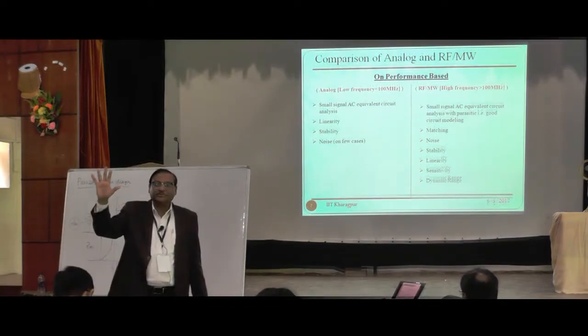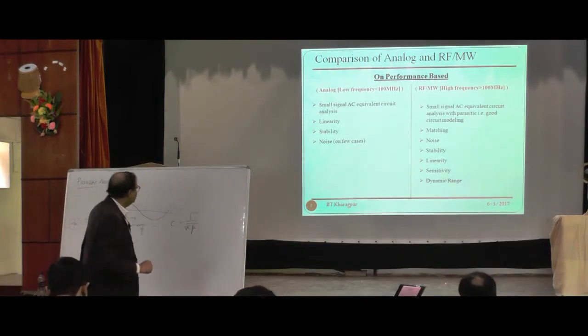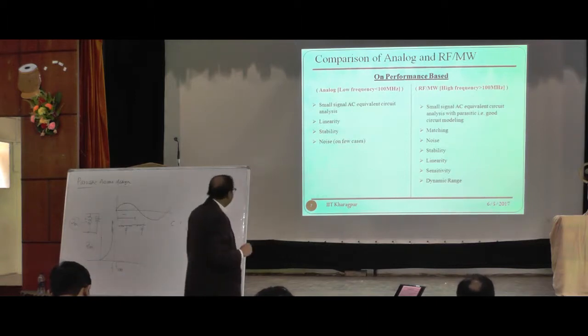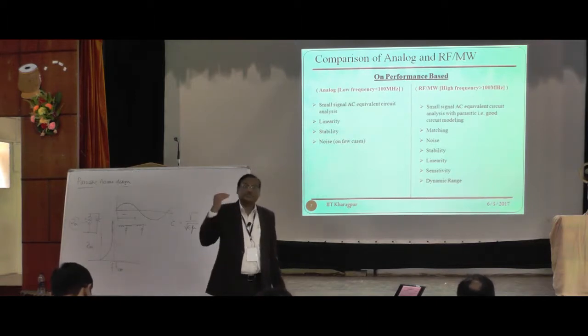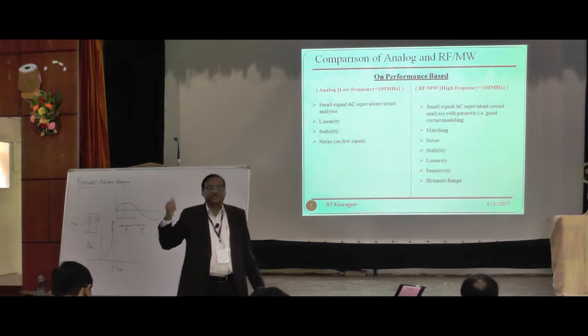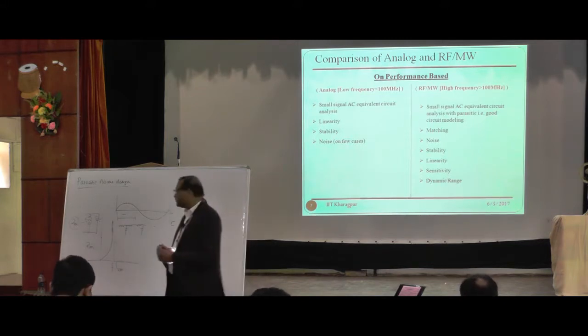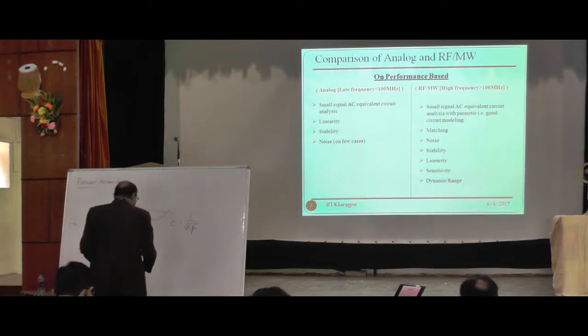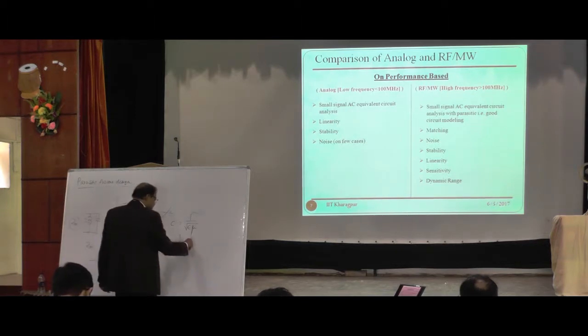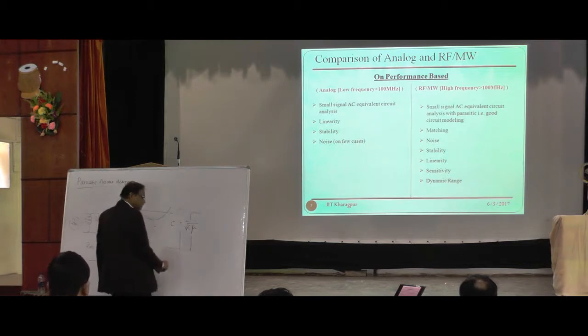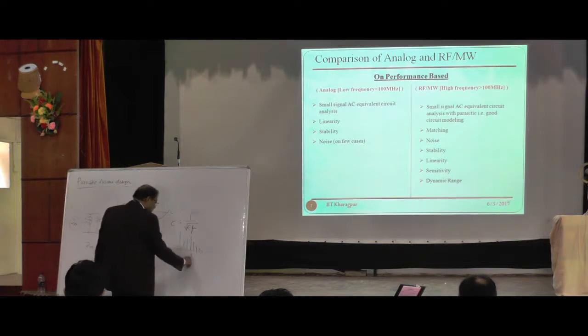If you have any confusion, so this is linearity. If it goes to the nonlinear region, that will introduce harmonics. But if it introduces harmonics, what will happen? Suppose there is one signal, that is one spike, but if you have more spikes, I am talking about the spectrum, this is the amplitude.